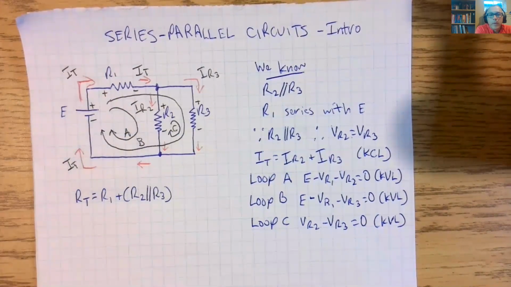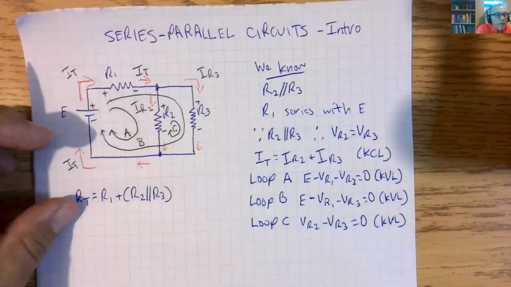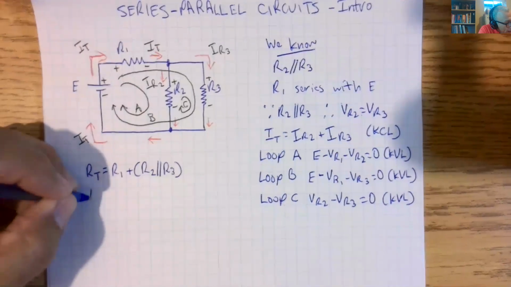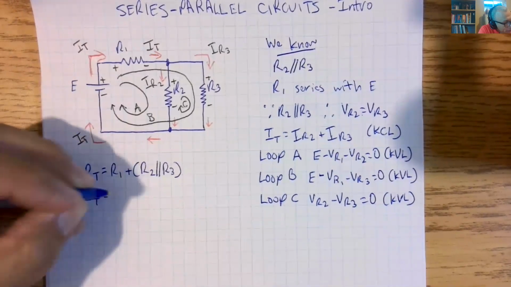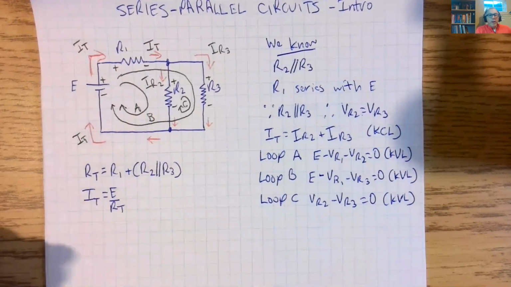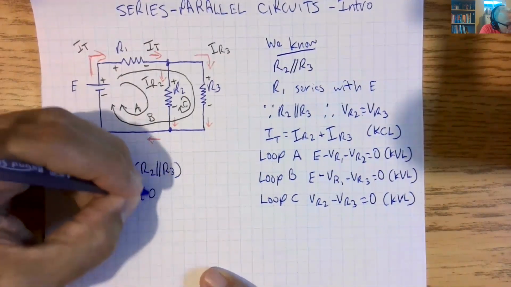That is something very important to know. Now that we have RT, we can figure out IT, because we know that IT is equal to E over RT. And that is Ohm's law.